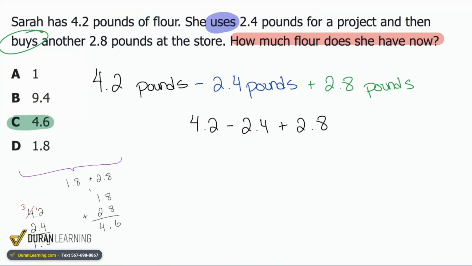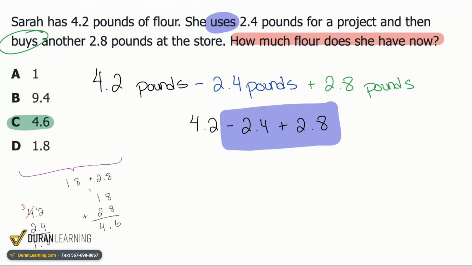If I take a specific look here at 2.4 minus and plus 2.8, if I'm taking away 2.4 and adding 2.8, everybody, if we think about these specifically, what's the difference between 2.4 and 2.8, everybody? What's the difference? 2.4 and 2.8 has a difference of what? Of 0.4. That is correct. But answer me this. Will that difference be positive or negative, everyone? The bigger number here is positive.